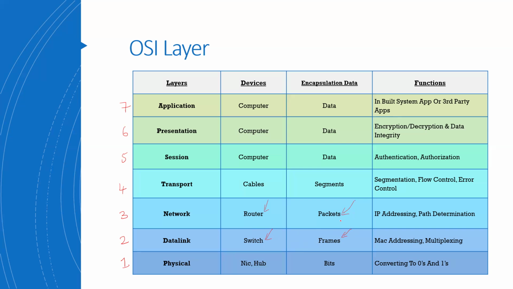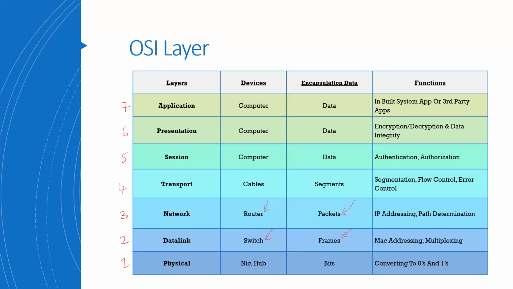Coming to the transport layer, which ensures reliable data transfer. The transport layer ensures reliable end-to-end communication between hosts, handling error detection and flow control.